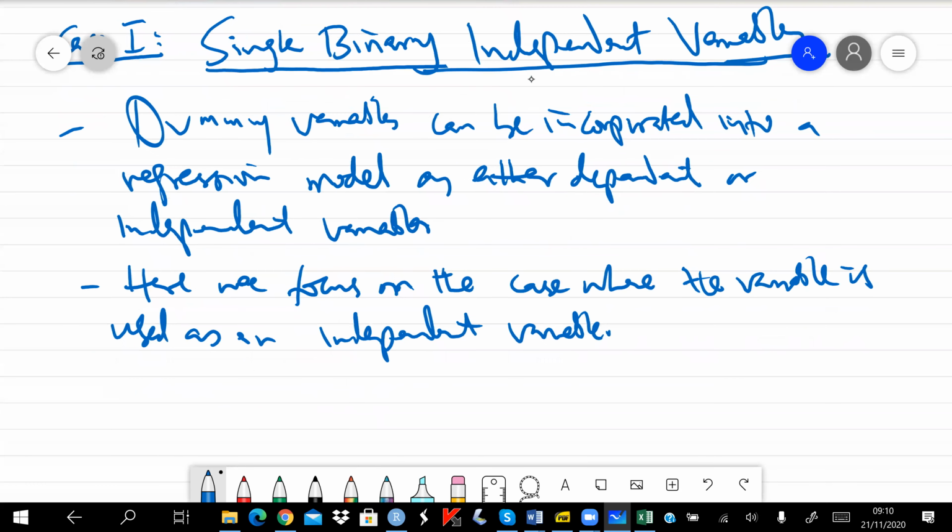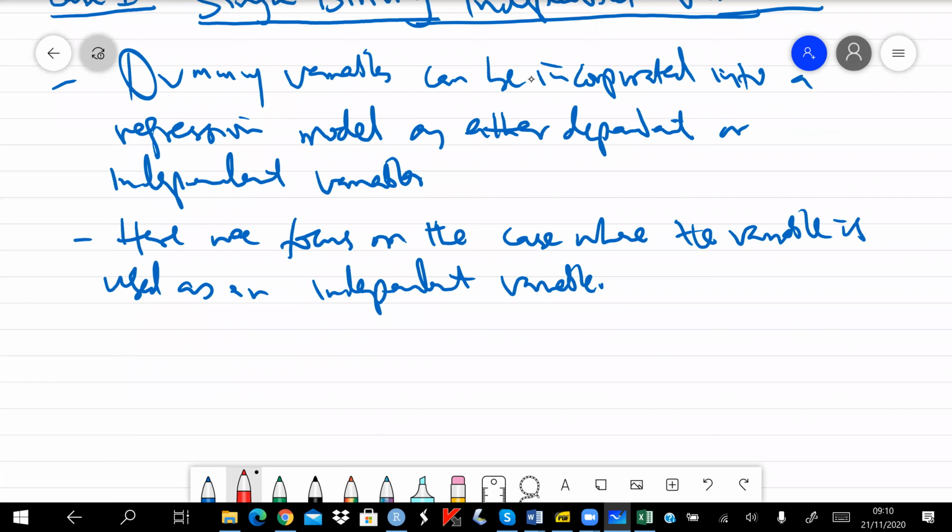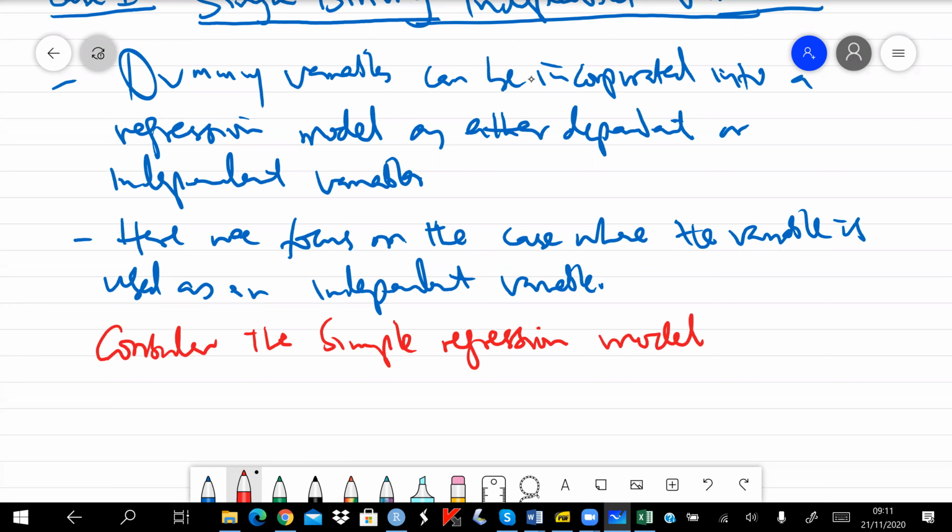Okay, so let's consider the simple regression model including one dummy variable.